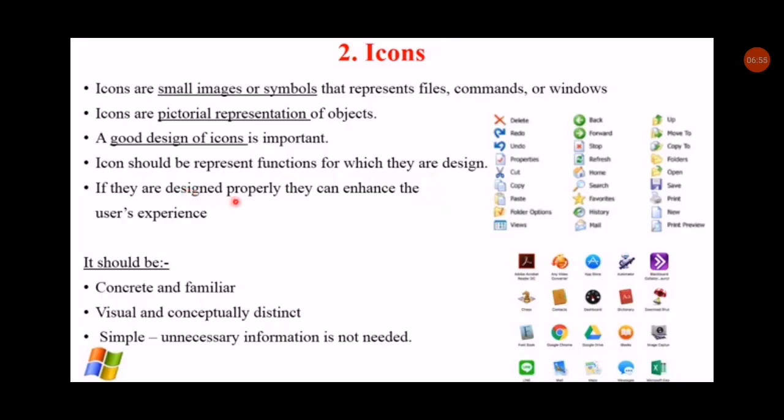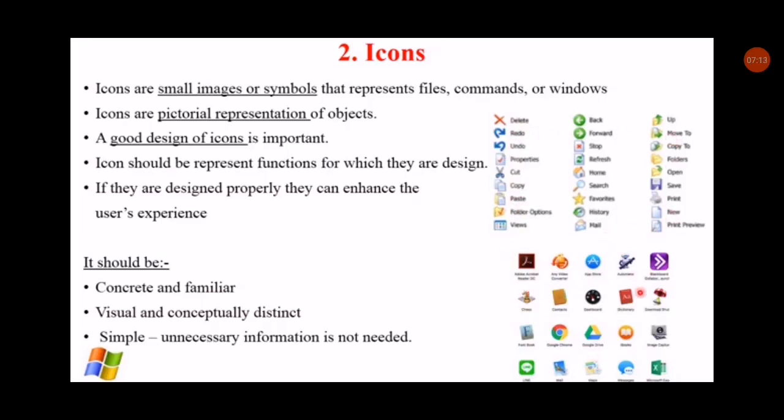If icons are designed properly, they can enhance the user experience, right? See here, there are different icons, and by using them you can easily identify what they perform, like delete, undo, redo, cut, copy, paste. These are the operations and their icons.